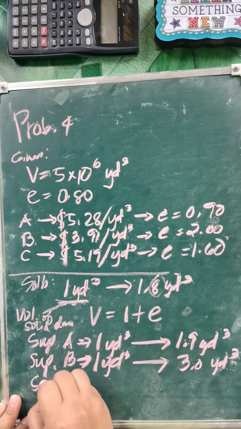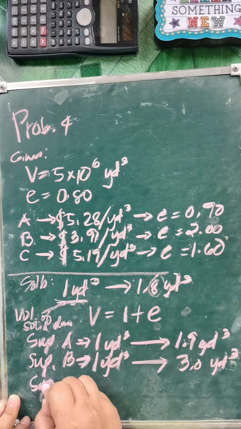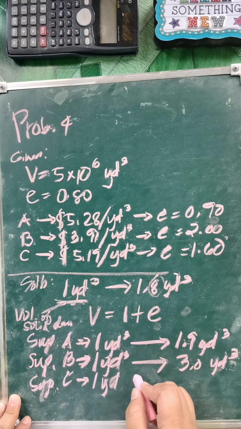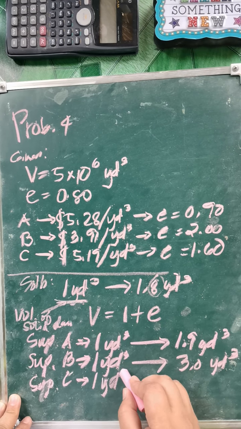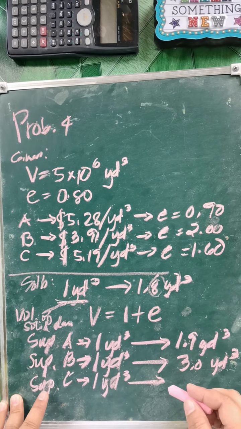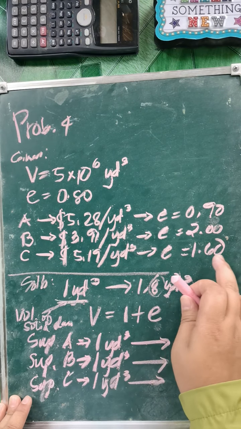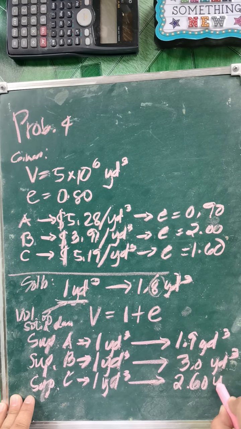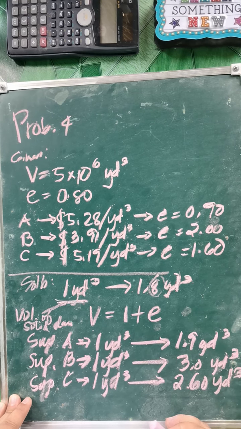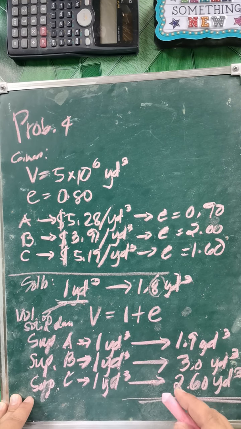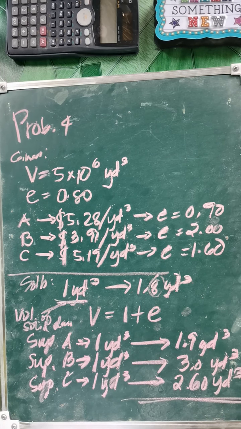And for supplier C, for 1 cubic yard of solids for the dam, we have 1.60 plus 1, that is 2.60 cubic yards. So these values we will use for the comparison later.